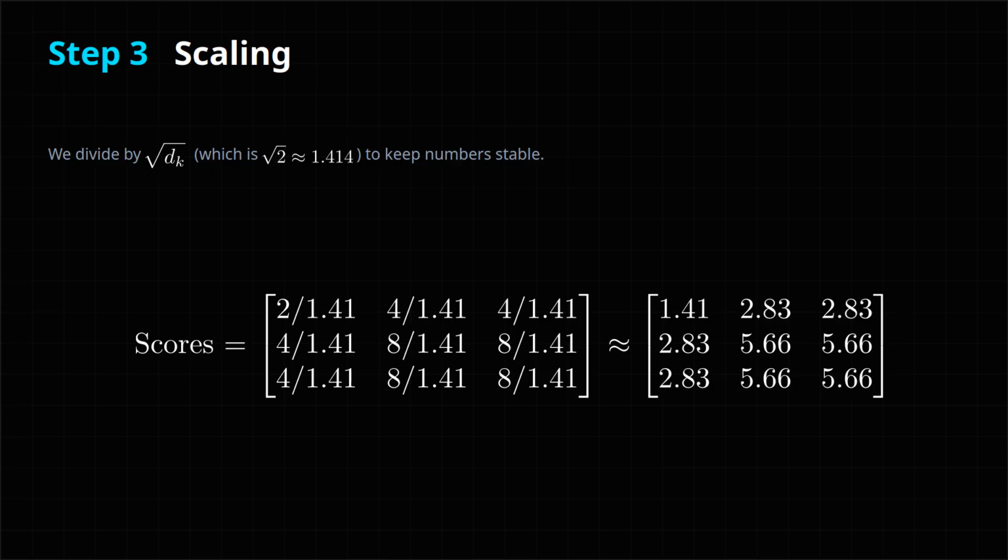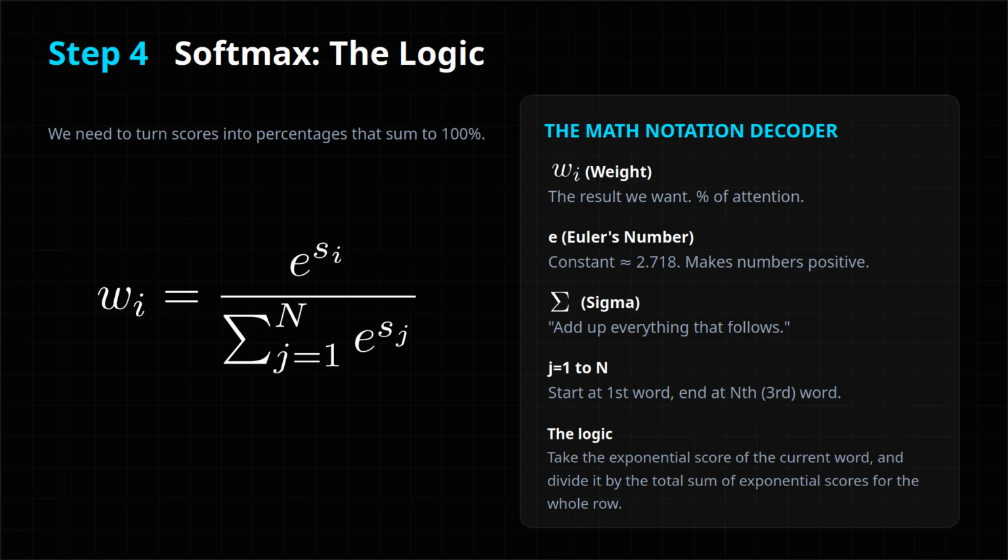heads and many layers. Now we want to turn each row of scaled scores into something we can read as percentages. That is what the softmax function does. For one row, here is the recipe in words. First, we take each score and feed it into the exponential function. That means we use the famous constant e, about 2.718, raised to the power of that score.